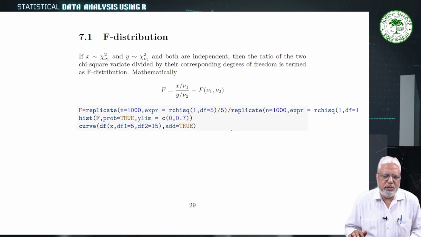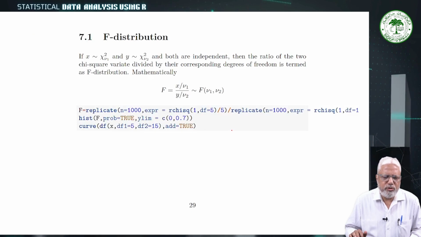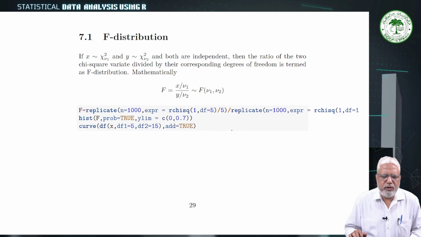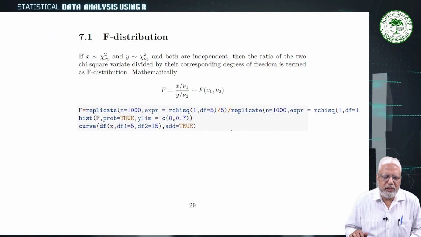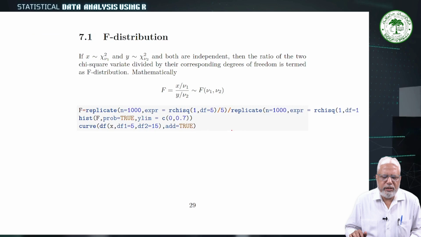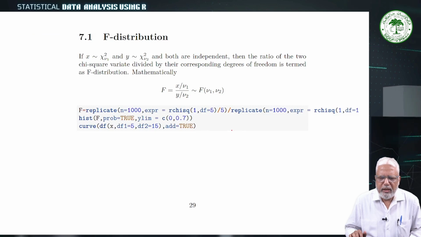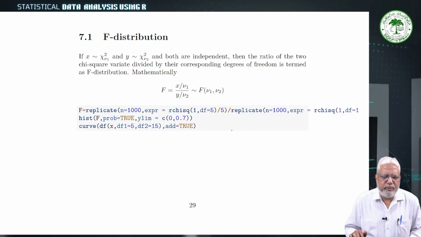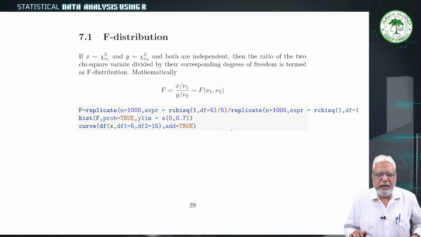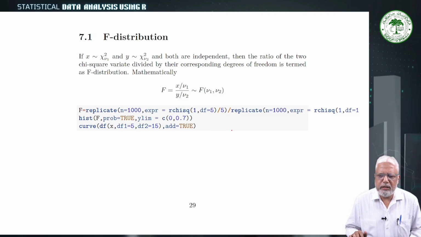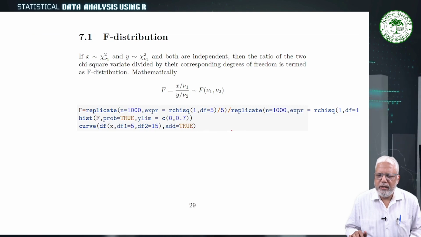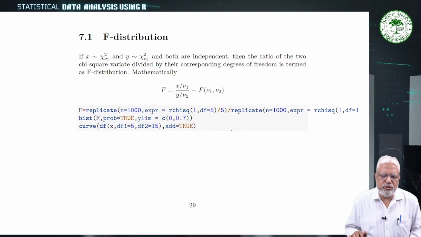Now, F distribution. If X follows chi-square with nu1 degrees of freedom, Y follows chi-square with nu2 degrees of freedom, and both are independent, then the ratio of the two chi-square variates, each divided by its corresponding degrees of freedom, is termed as F distribution.